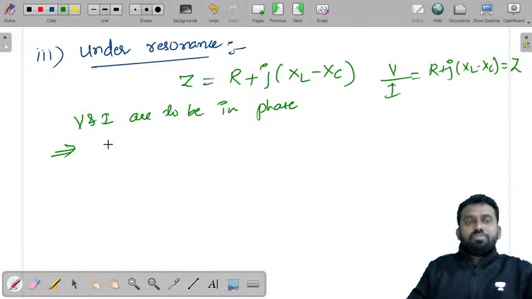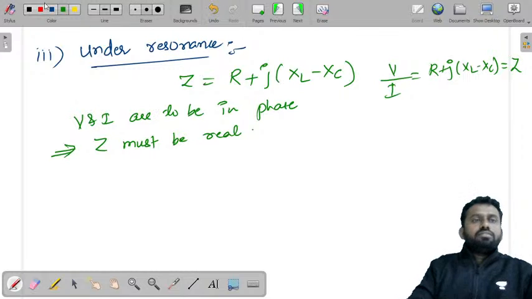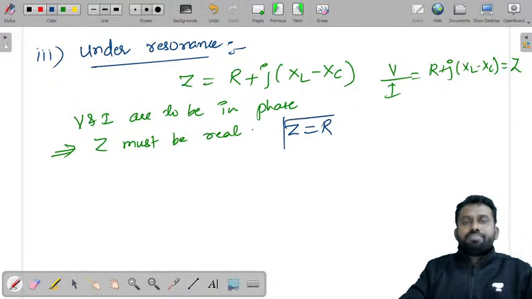What does that imply when V and I are in phase? Z must be real. For Z to be real, that means Z is equal to R.